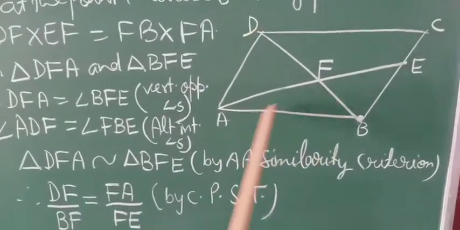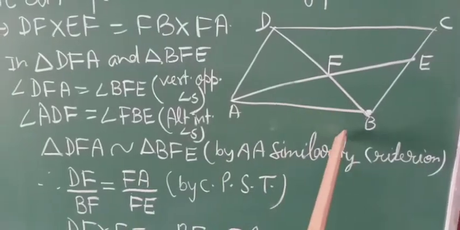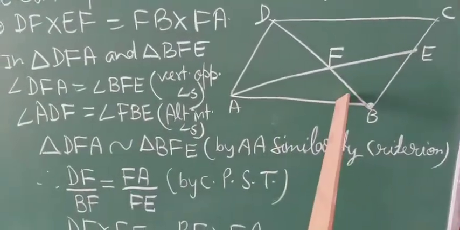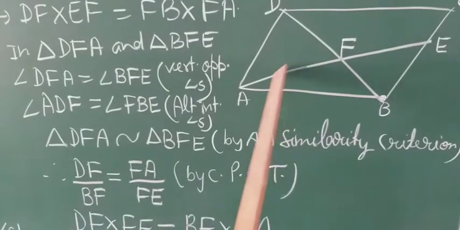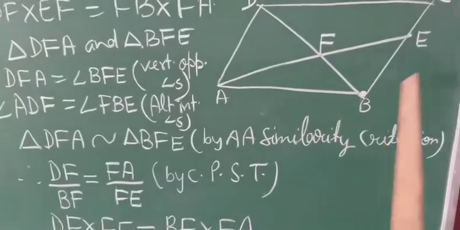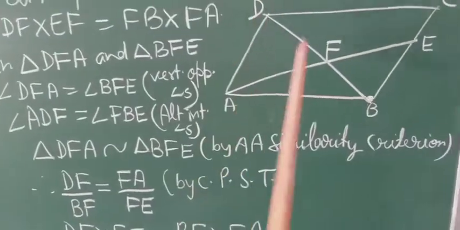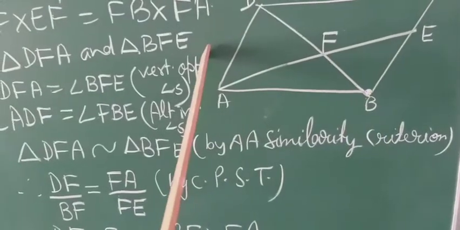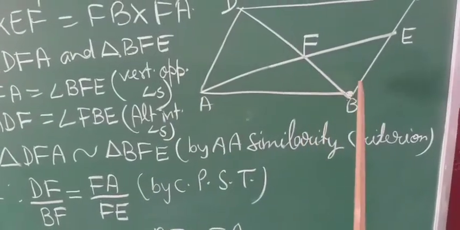Angle DFA equals angle BFE, vertically opposite. Second, angle ADF equals angle FBE. You can see Z is there, students. These lines are parallel, so these are alternate interior angles.